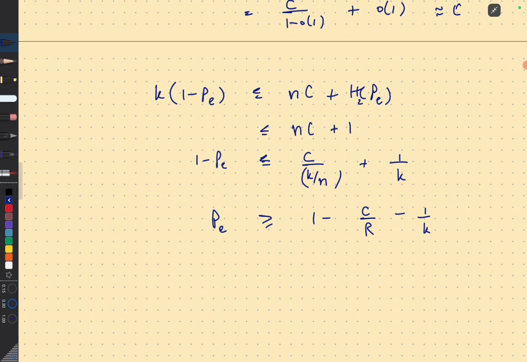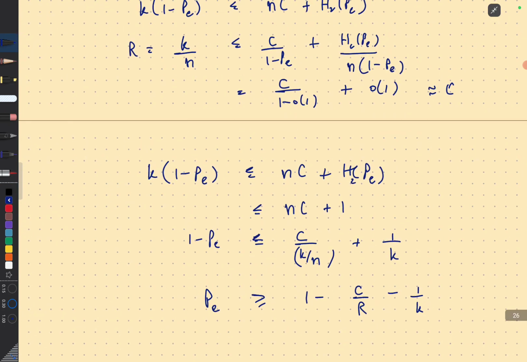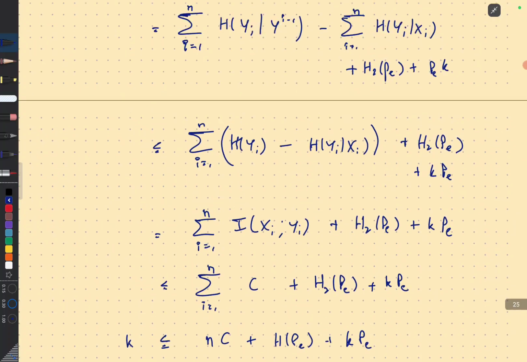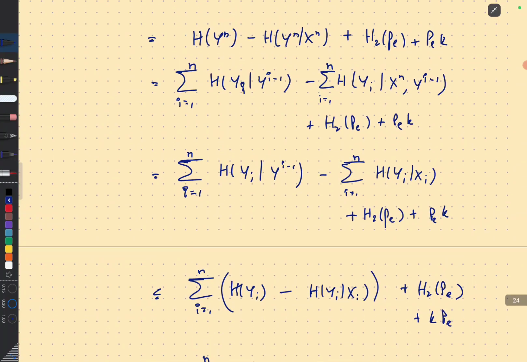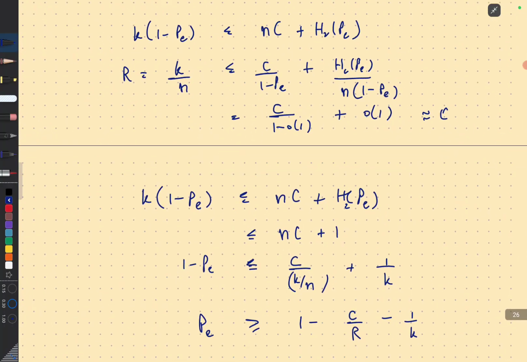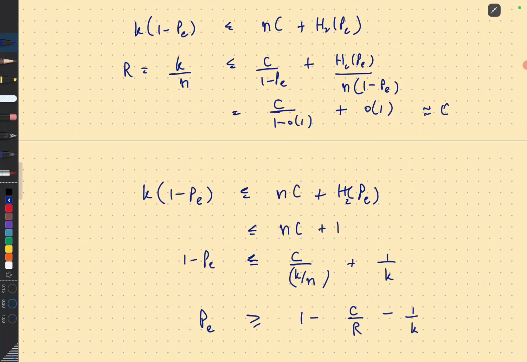So this is saying that, and again, one thing that you have to keep in mind is that in all of these steps so far, as we went through a sequence of steps, we didn't really assume that n is very large or anything of that sort. This holds true for every n, for every encoder.